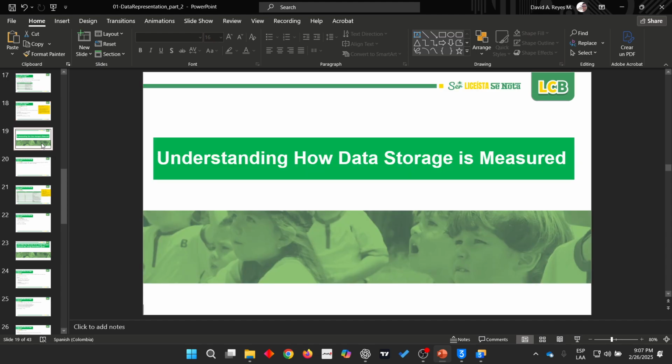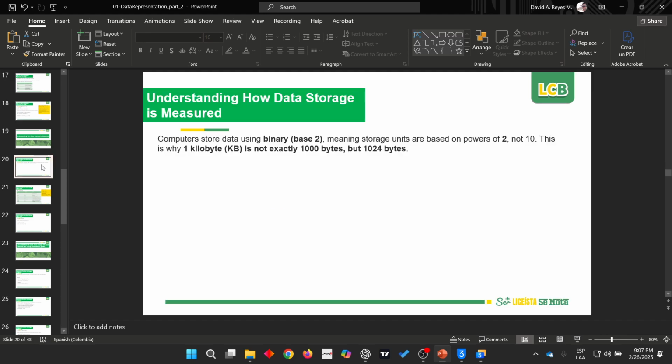Now, understanding how data storage is measured. Let me explain. Computers store data using binary, base 2. That means the storage units are based on powers of 2, not 10. I am going to explain this right now using my digital notebook.